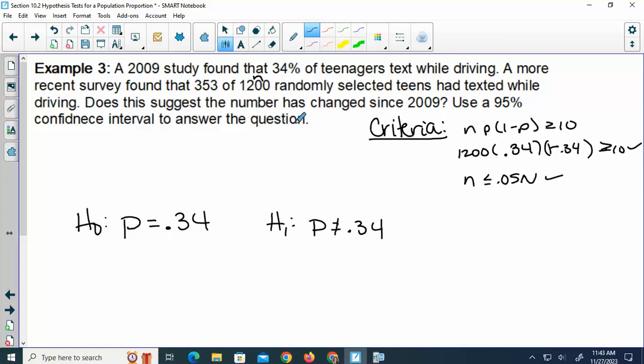How do I get my P hat? What's my X value? Over my N? So my P hat is 0.2942.